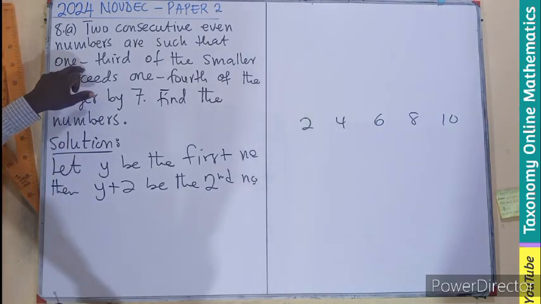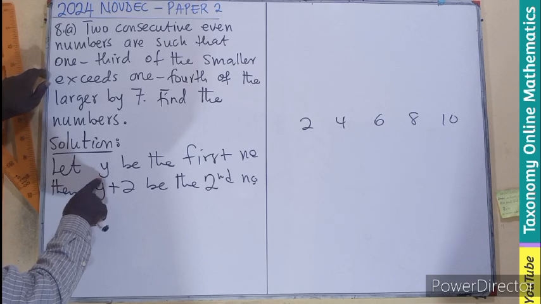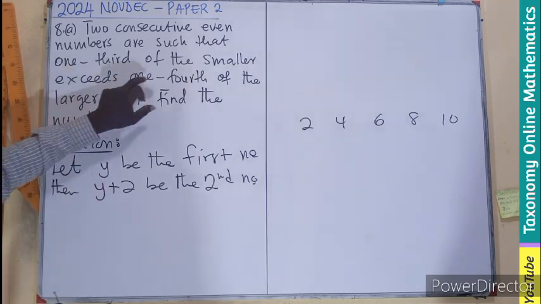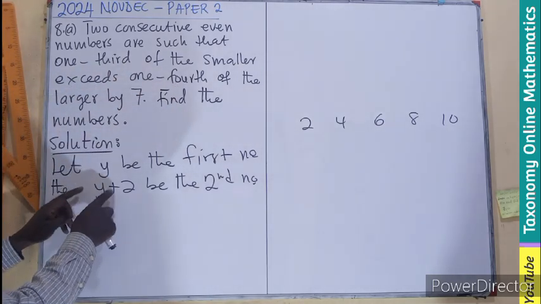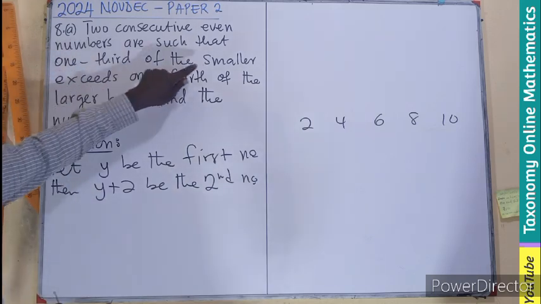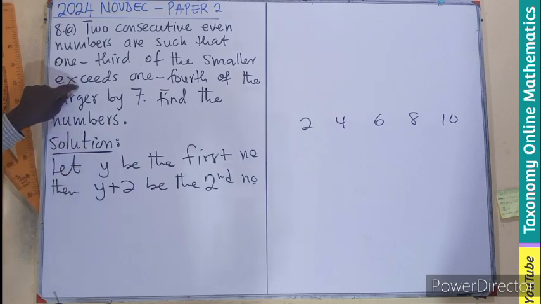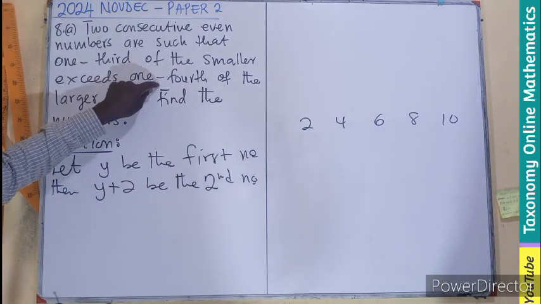Then 1/3 means 1/3 times y, and 1/4 means 1/4 times (y plus 2). Now, they say 1/3 of the smaller one, which is the first one, exceeds the 1/4 of the larger one.